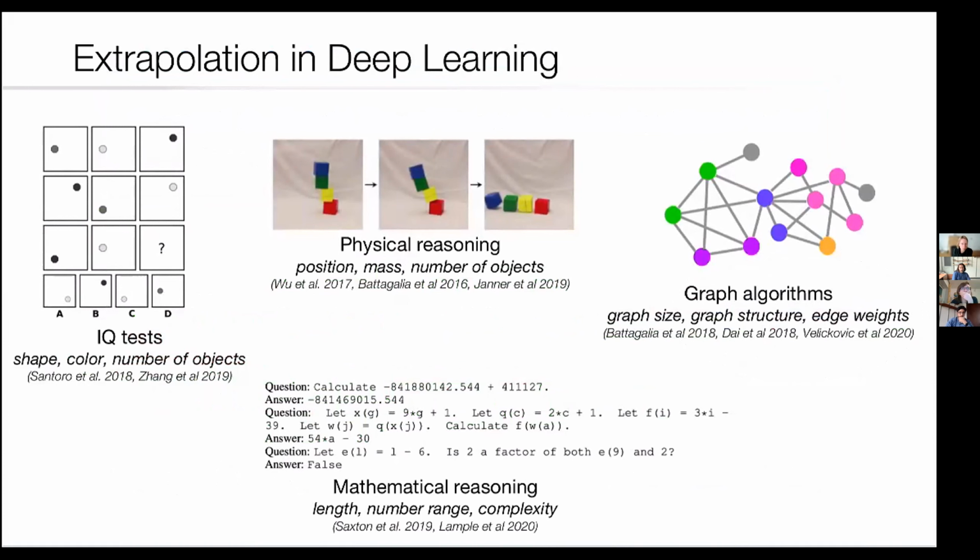So what does extrapolation mean here? For example, when you try to learn IQ tests, it could mean that you change the shape or the color or the number of the objects.